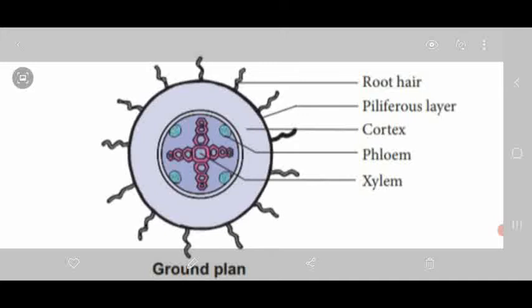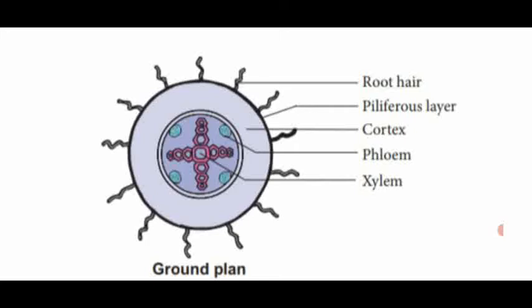The innermost layer of the cortex is called endodermis. Then inner to the endodermis, that layer is called pericycle. Then vascular bundles, xylem and phloem, are present.